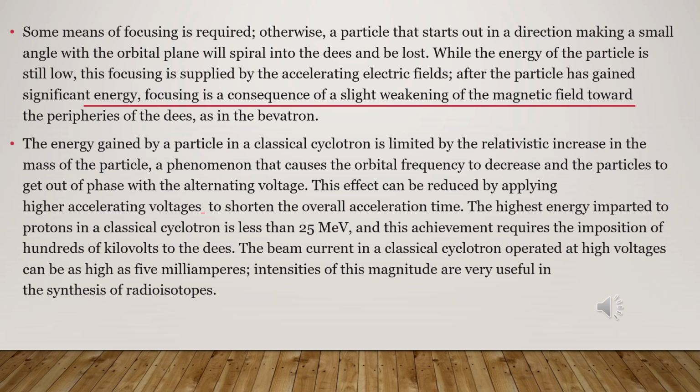The beam current in a classical cyclotron operated at high voltages can be as high as 5 milliamperes. Intensities of this magnitude are very useful in the synthesis of radioisotopes.